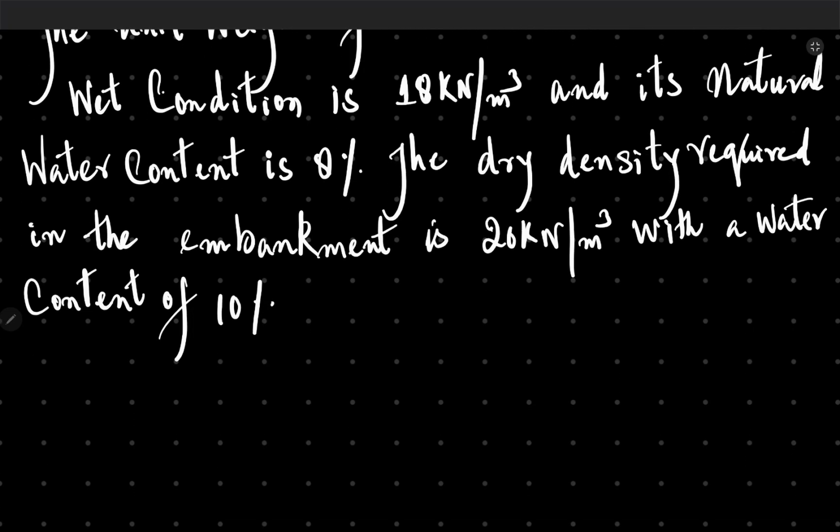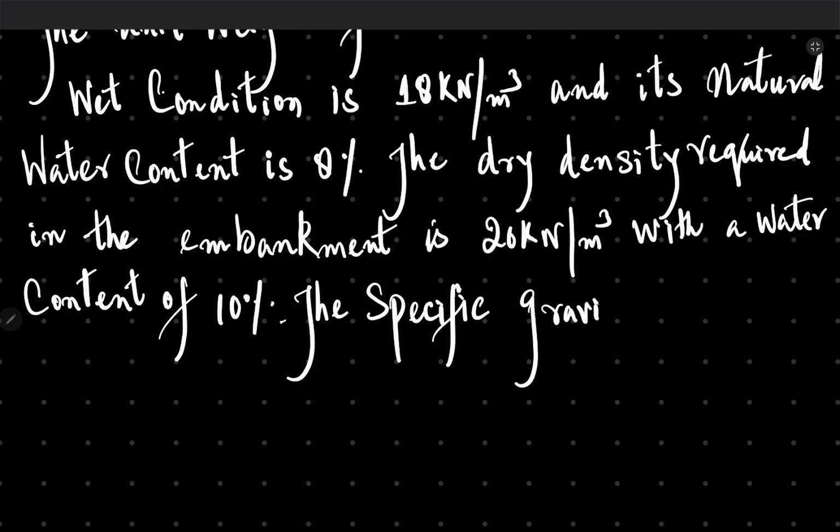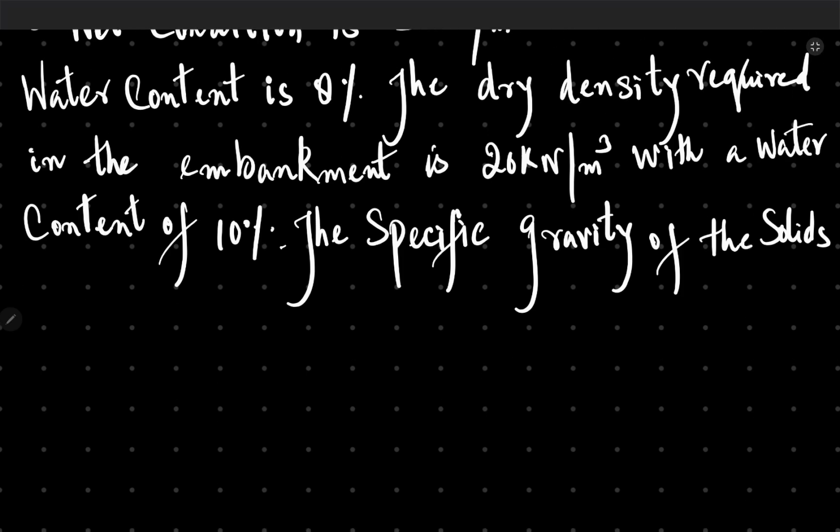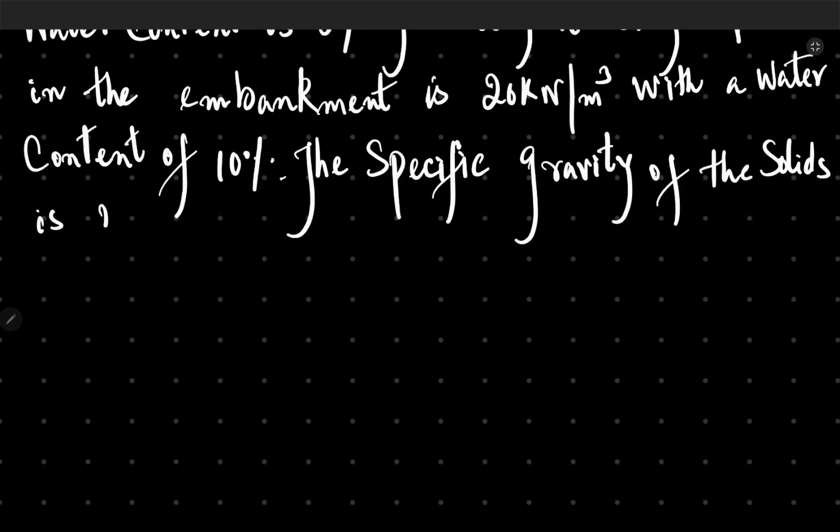The specific gravity, it's a long question, but a very, very good question. The specific gravity of the soil solids is 2.70.